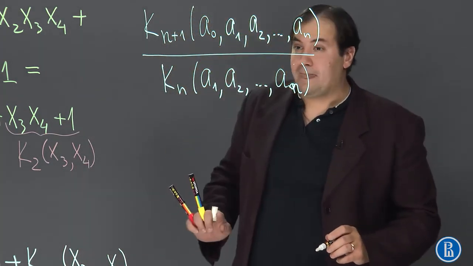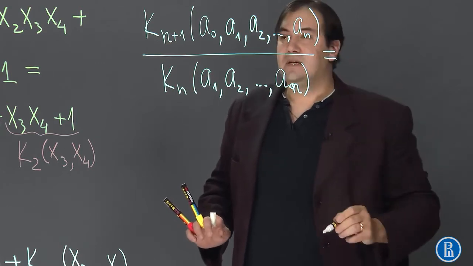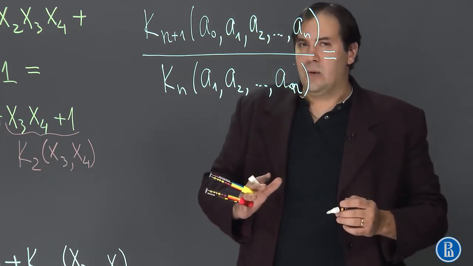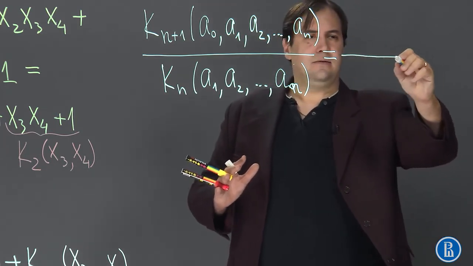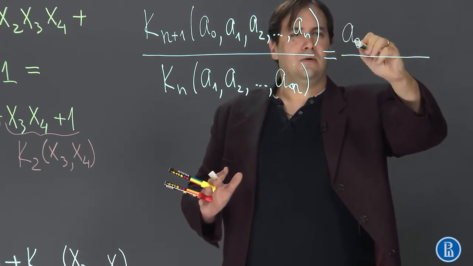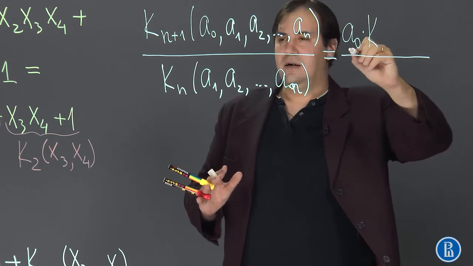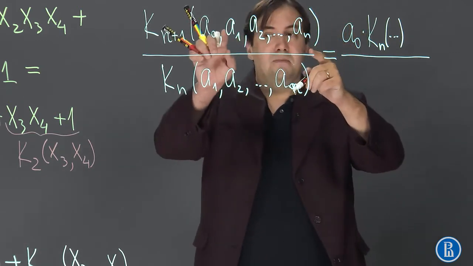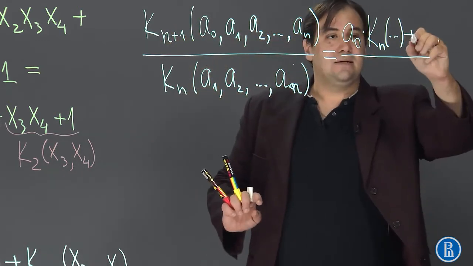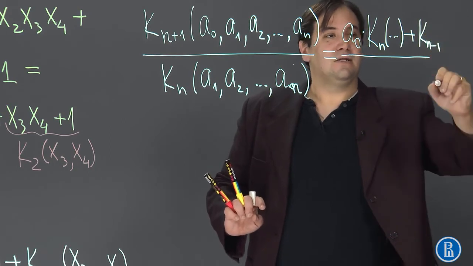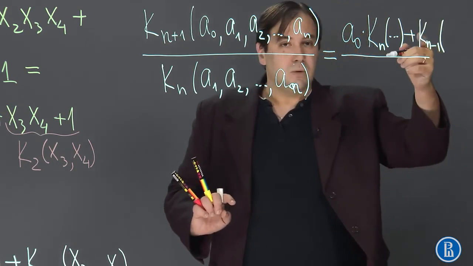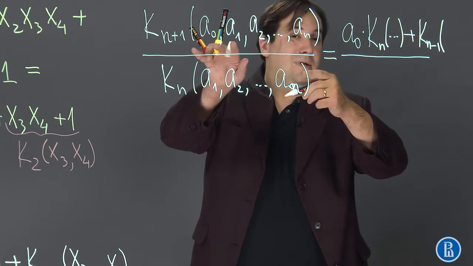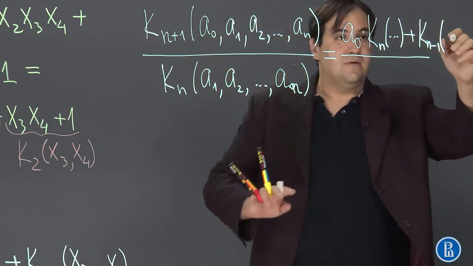Okay, so if we transform the numerator according to the recurrent equation, we'll gain a0 multiplied by Kn. Well, we understand that here there will be all the variables except for a0, plus Kn minus 1. Well, here we will have all of the a's except for the first two, because we threw them out when we wrote this part of the continuant.